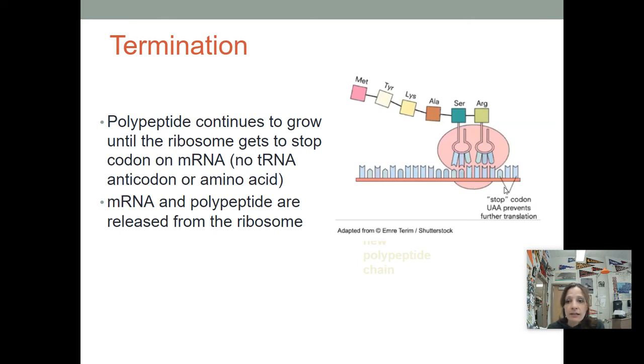So if you notice, there was a start codon, right? And that did have an amino acid called methionine. However, when the messenger RNA gets to the stop codon, there is no amino acid that matches that. And so this stop codon causes the two parts of the ribosome to release from each other, to pop off.